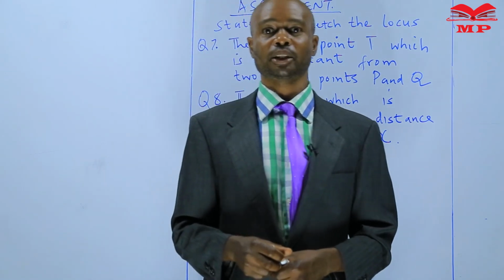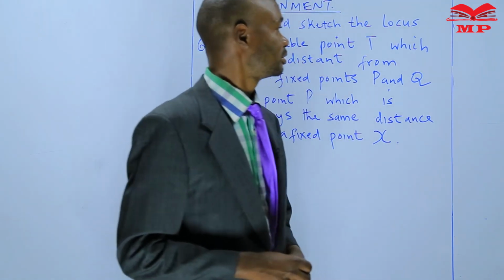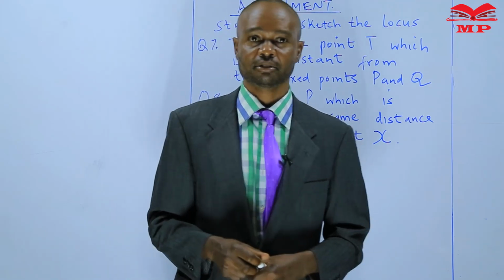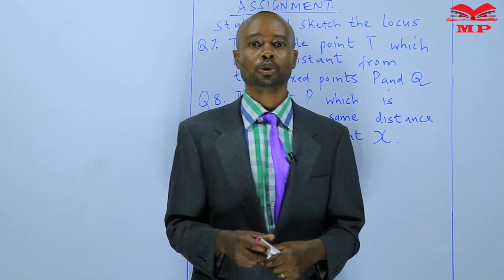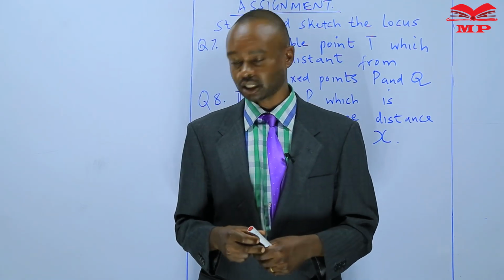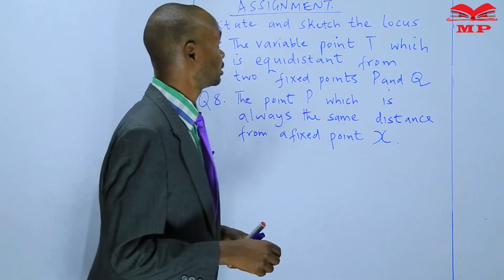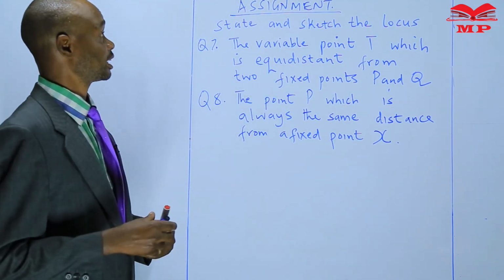We are still continuing to build up on our topic on loci. Last time we solved some questions and gave you 2 more to solve at home. The 2 questions are here on the board as the assignment.